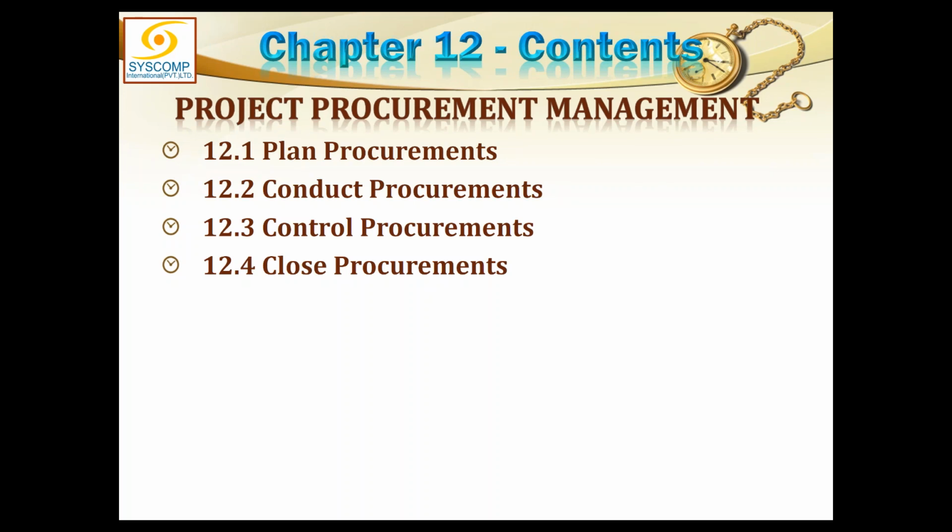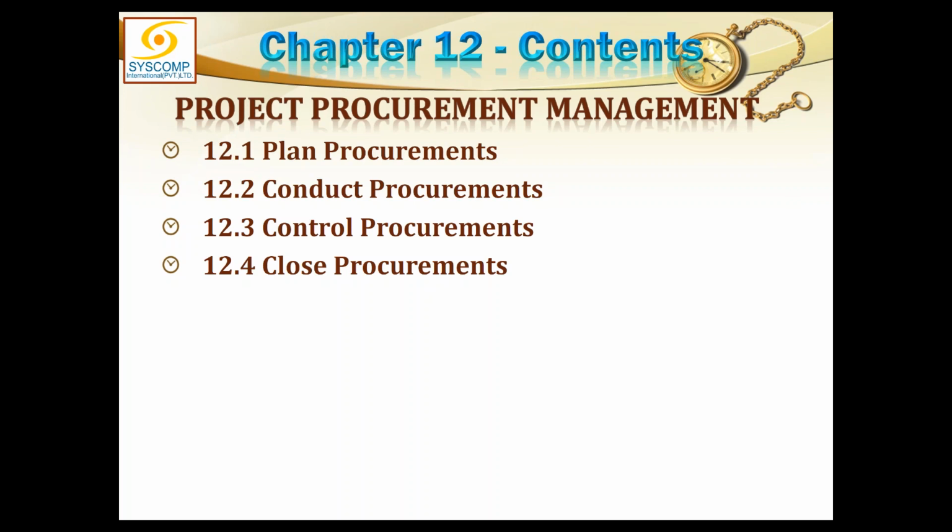No payments, no claims, no change requests, everything is settled. This is the last assurance that the procurements have been completed, and once that is done, the project can be declared closed. Naturally, we have a separate process for closing the project, and that is the parent process, and closed procurements is the subordinate process of closed project or phase.